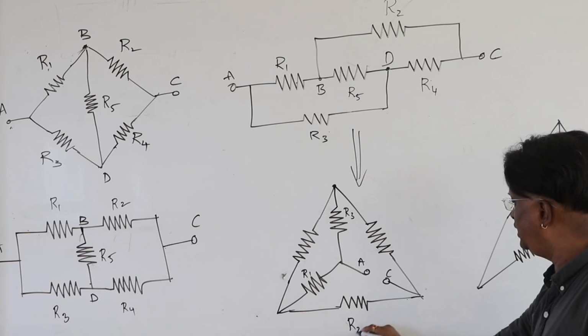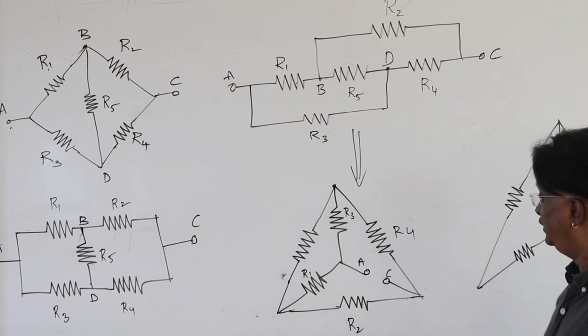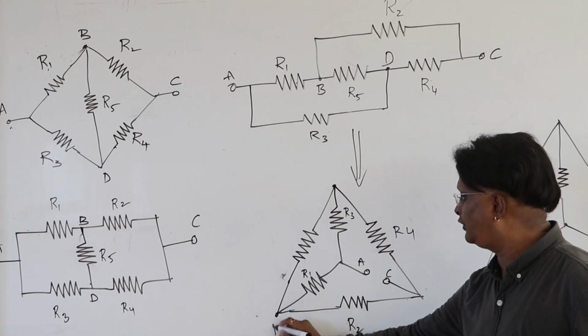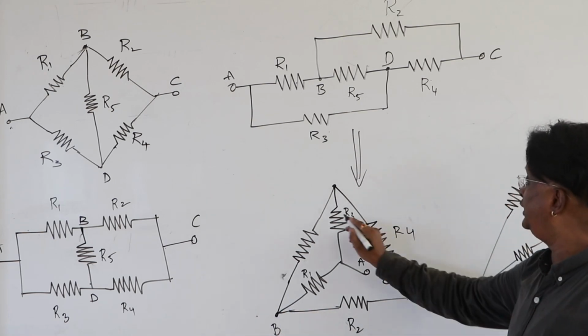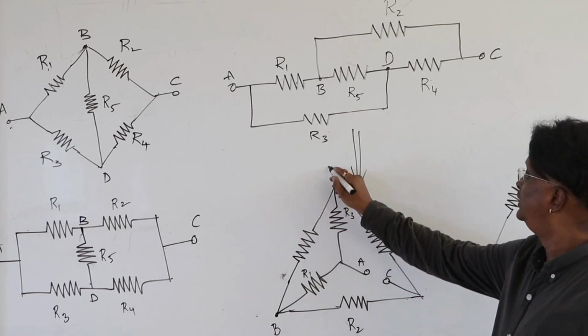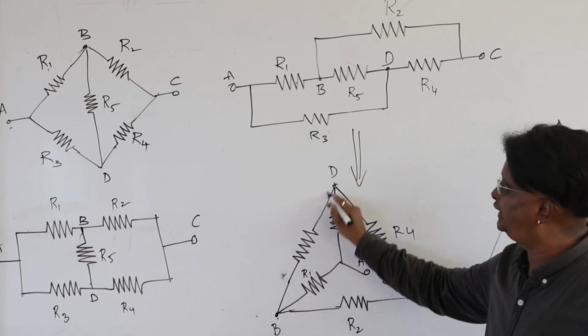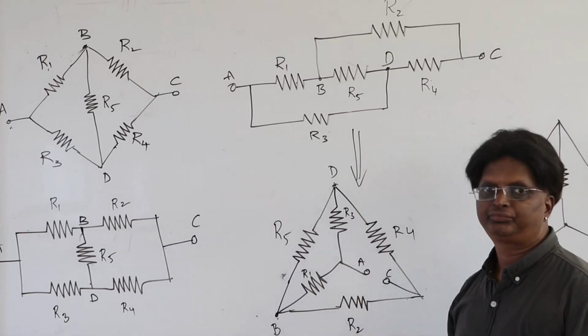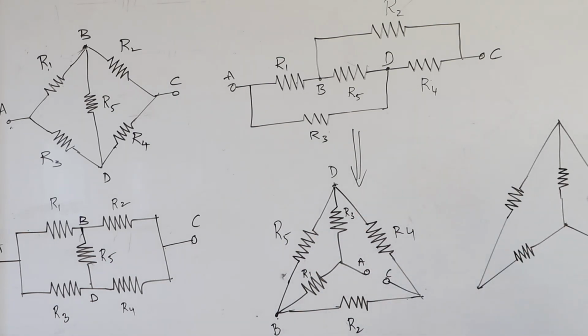Why is this one R2? Because R1 and R2 have a common point, that common point is B, and for R3 and R4 the common point is D. Therefore between B and D is the bridge element, and this becomes R5. It's a simple change of geometry.